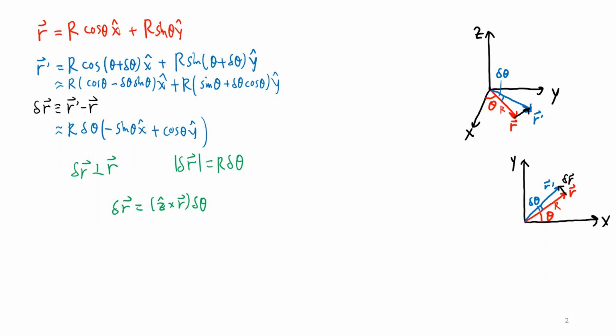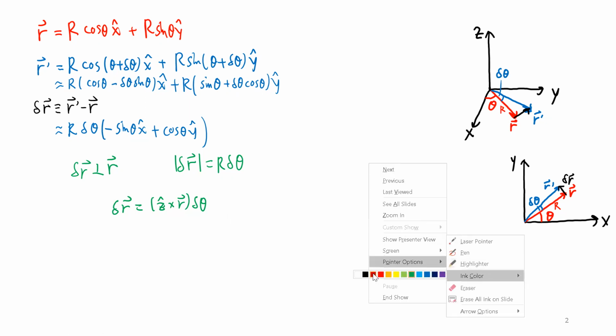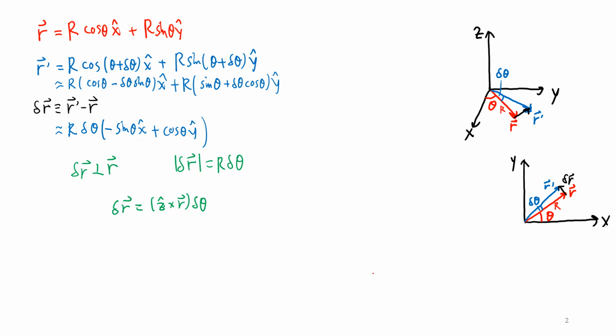Well, in general, I want to consider a vector that might not be lying on the XY plane. I might want to consider a vector that looks something like this, but also rotates about the z-axis.